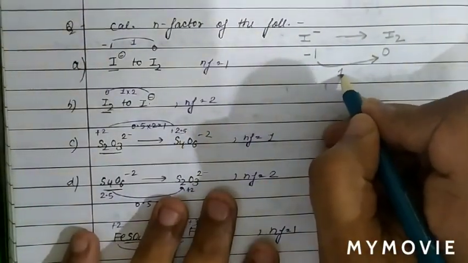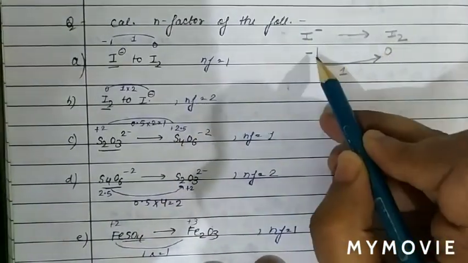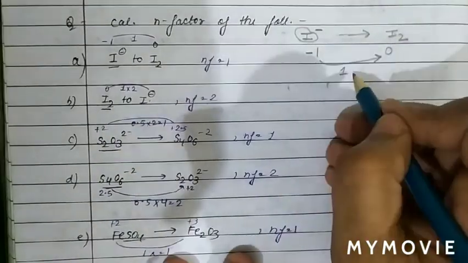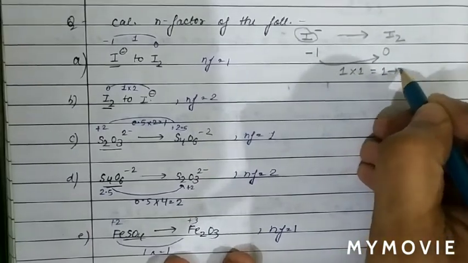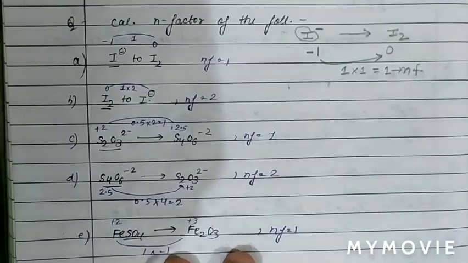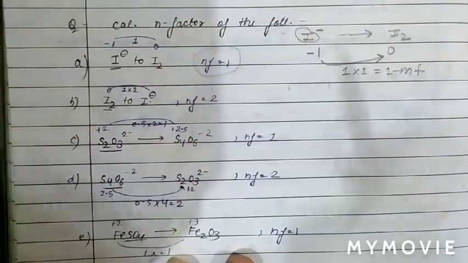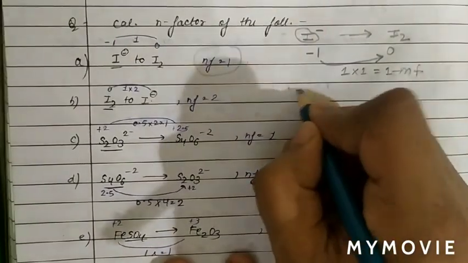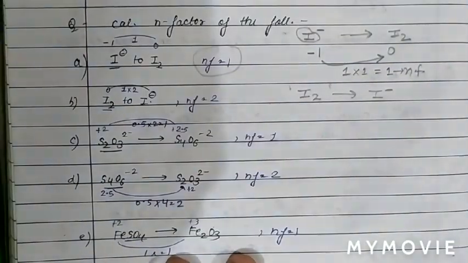Now see the reverse reaction. The reverse reaction is when I2 changes into I minus. See, I2 is present in the standard form. When any element is present in standard form, then the oxidation number of the element is 0. And the oxidation number of I changes from 0 to -1.